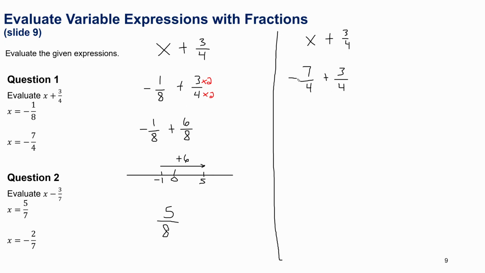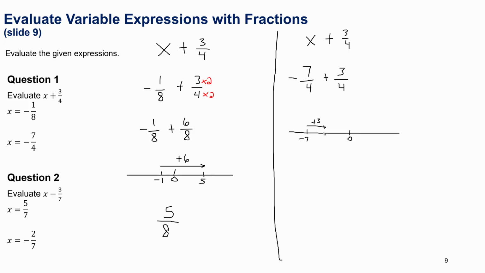At this point, I'm just doing negative 7 plus 3, so I'm paying attention to my numerators. If I go to my number line and draw this out, I'm starting at negative 7, and when increasing by 3, I go back to the right, again, 3 units.